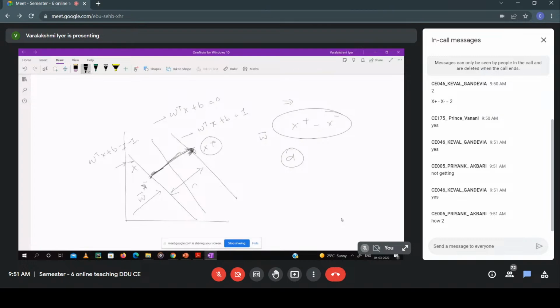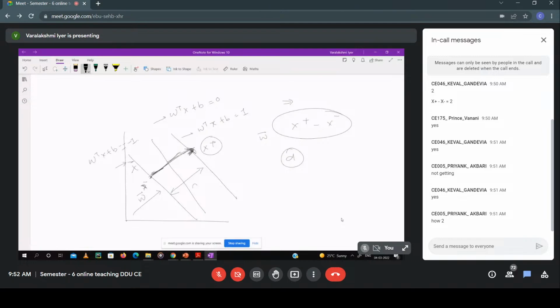See, x positive is a point on the positive hyperplane, the hyperplane that we have created, the decision boundary. And x negative is a point on the negative hyperplane.